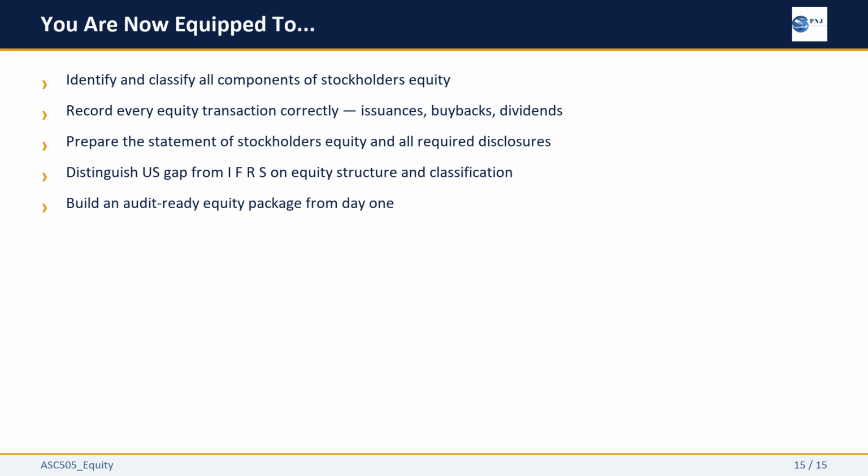You can prepare the statement of stockholders' equity, write the required disclosures, and explain the key differences between U.S. GAAP and IFRS. And you can build a complete audit-ready equity package, cap table, roll forwards, board resolutions, and all supporting documentation. Thank you for completing the full ASC 505 equity series.